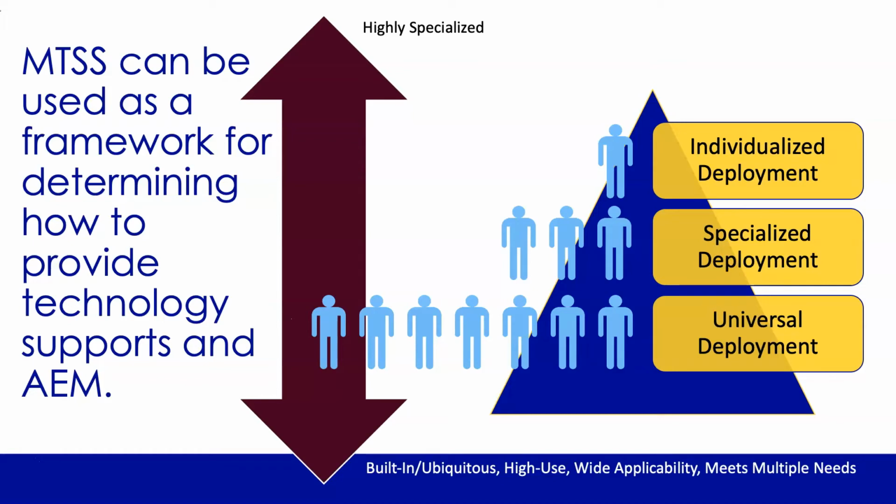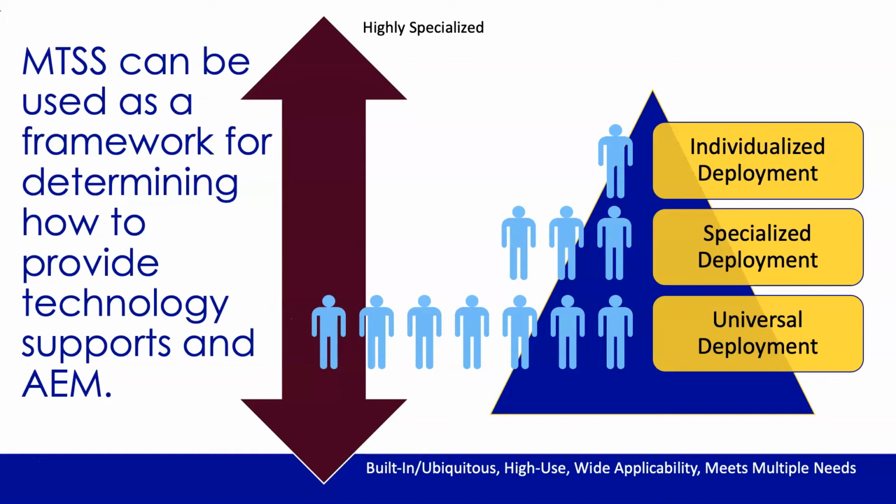We think about this in the same way that MTSS is organized in terms of things that we do universally for everyone, things that we do for some individuals more specialized or targeted, and things that we do for specific individuals that individualize a component. And we can think about it in terms of what types of supports do we deploy where.